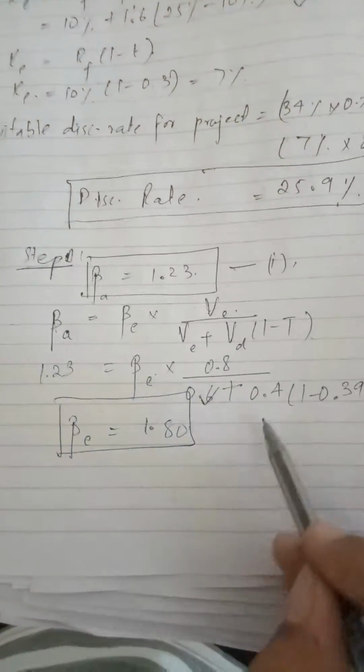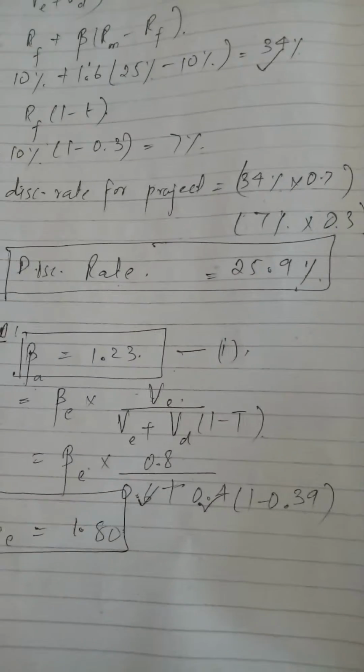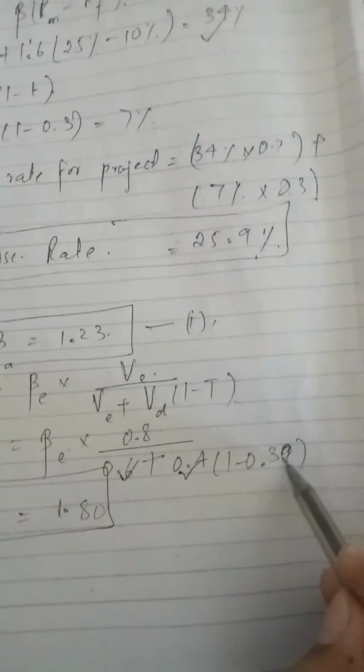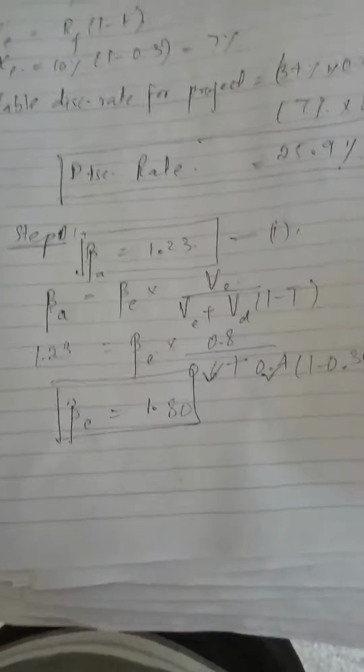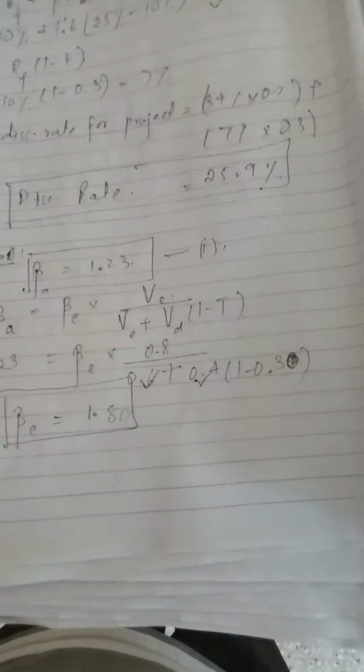Now this is 60% equity and 40% debt. The corporation tax is 30%, I believe. So beta equity is this. Now we find the cost of equity for such a firm.